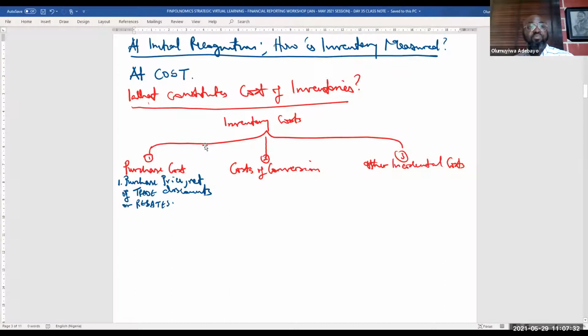That's okay. Trade discounts are discounts given to incentivize buying more quantities.